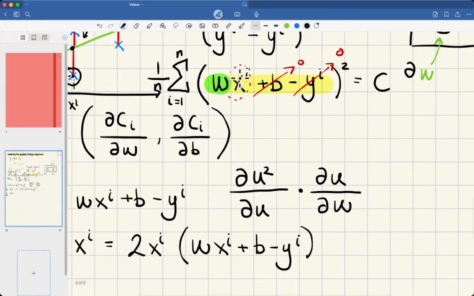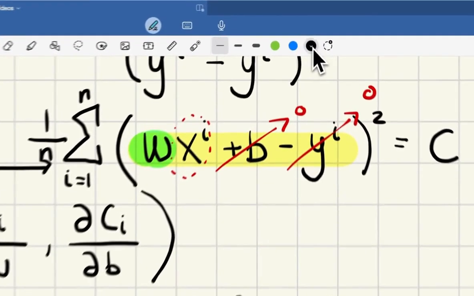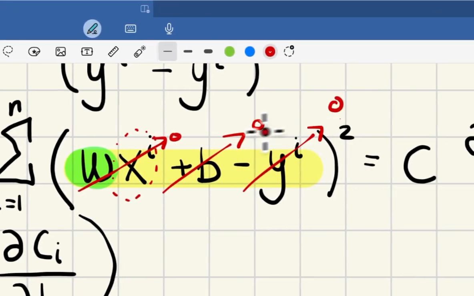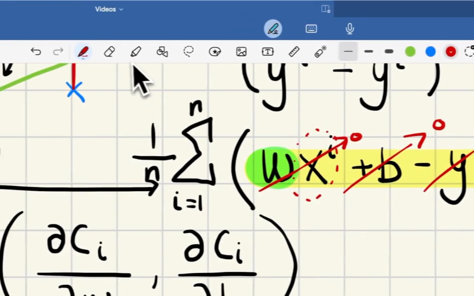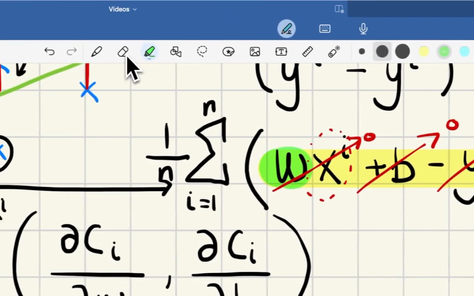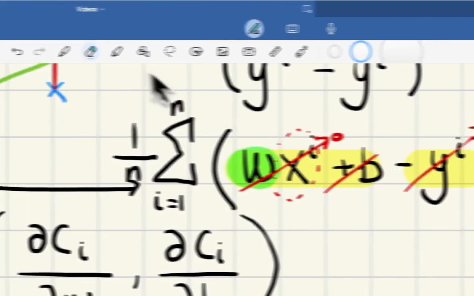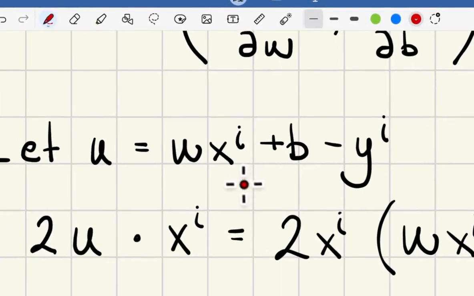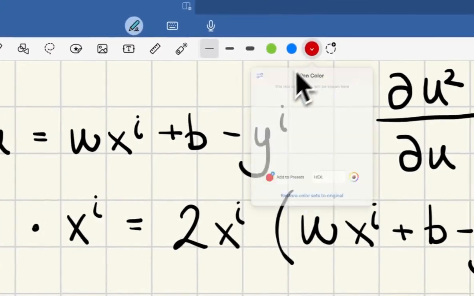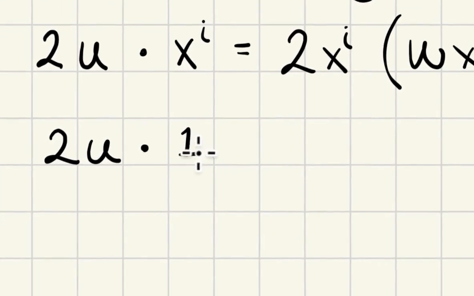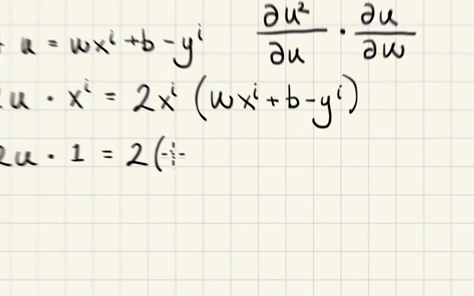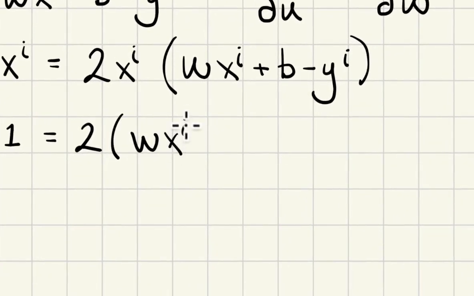So now this thing is a constant, so this is just going to go to 0. Y is still 0. But now b is our variable. And when we take the derivative of just a lonely variable, that's just going to be 1 in this case. So here we're going to say 2u times 1, just like this. And if I expand this out, it's going to be 2(wxi + b - yi).